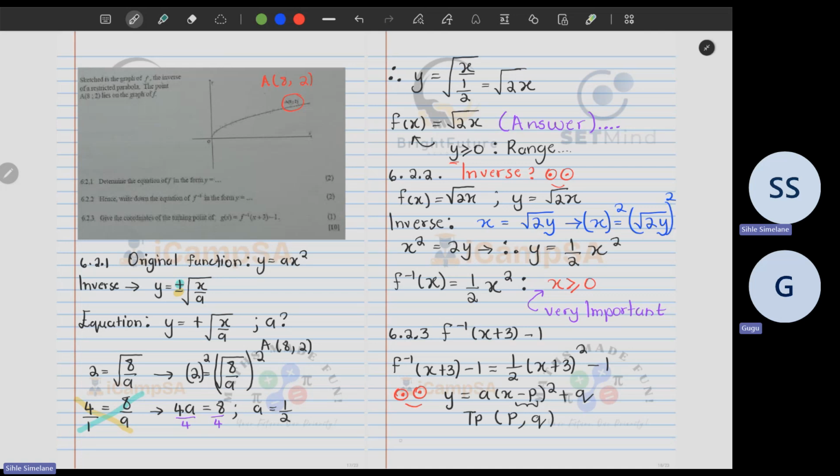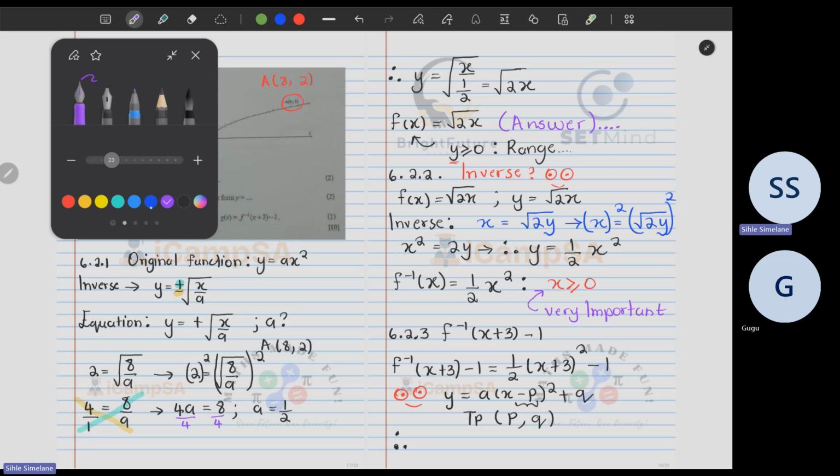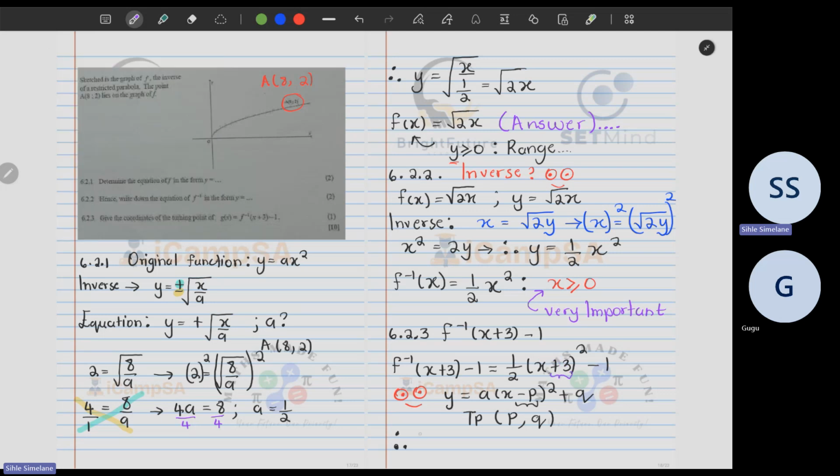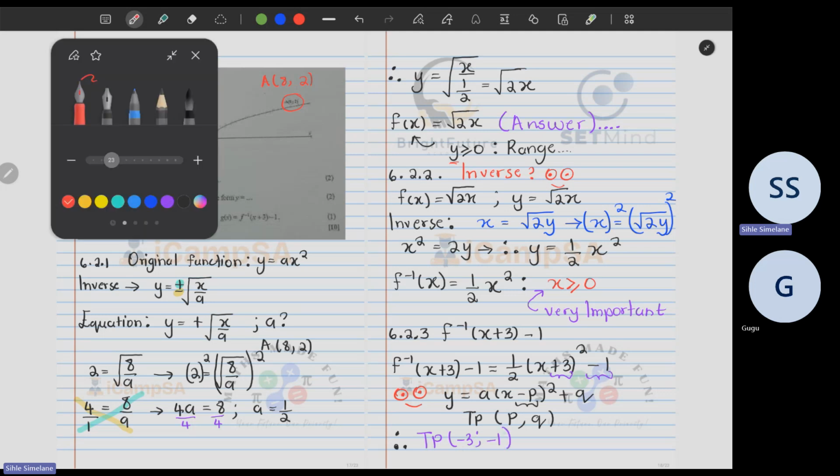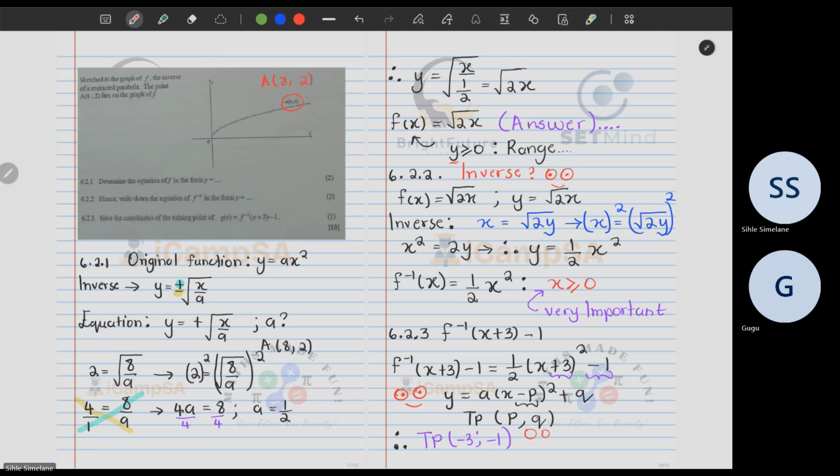So when we look at our problem above, we take the negative of minus 3. So our turning point will be minus 3. And we take this one as it is, minus 1.